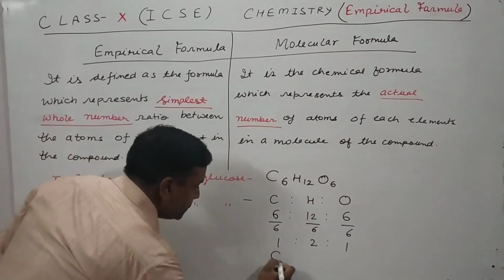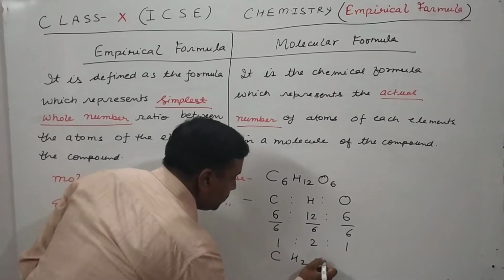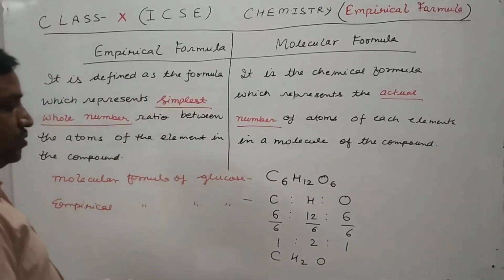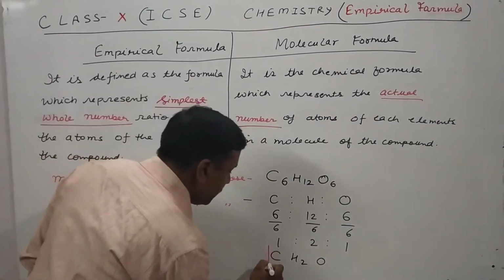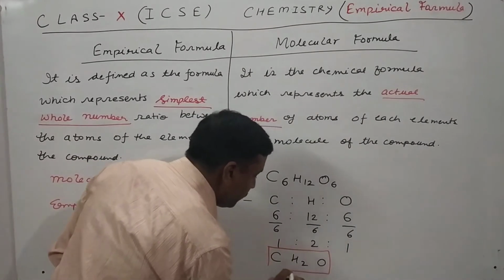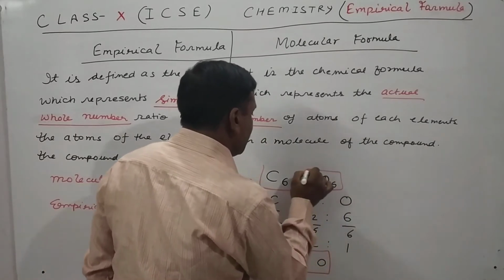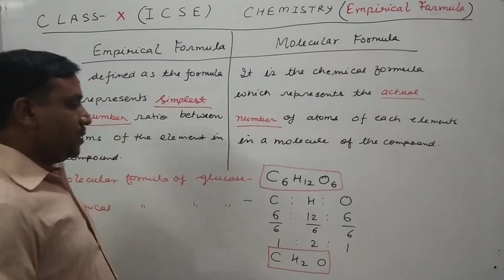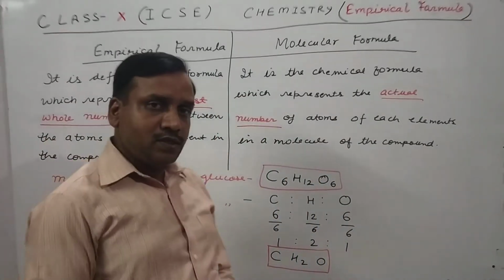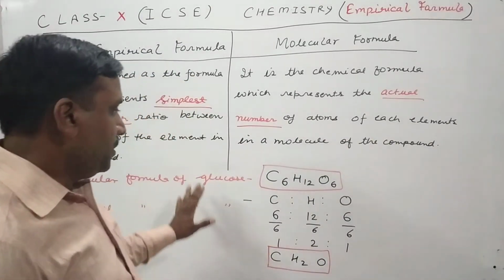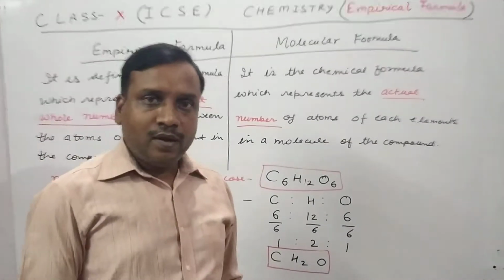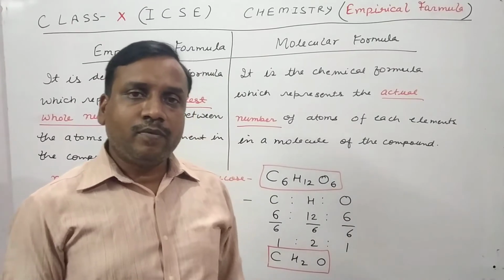The formula will be CH2O. This CH2O is the empirical formula of glucose, while the molecular formula is C6H12O6, which represents the exact number. So this was a simple example. Now we will solve a numerical problem on this basis.